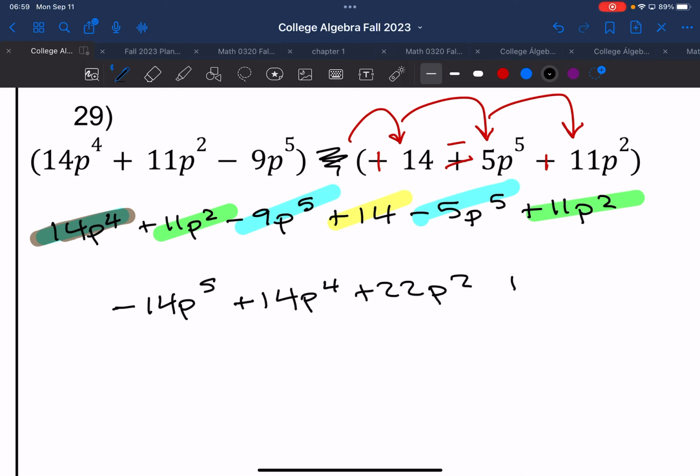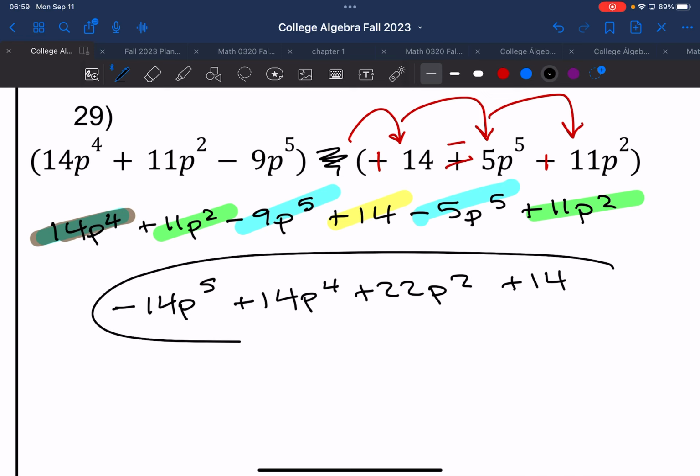And then we bring down that plus 14. So this is our answer. So if on a test you write the exponents out of order, I will be taking off points. Okay, so we have to make sure that our exponents are always decreasing in the problem.